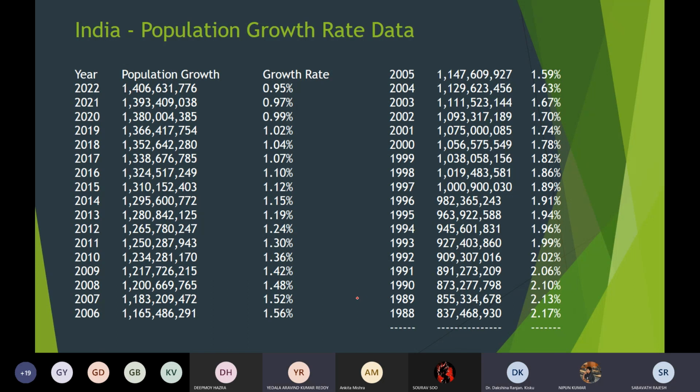This started from 1950, and until 2022 we have this figure of population growth and also the growth rate.